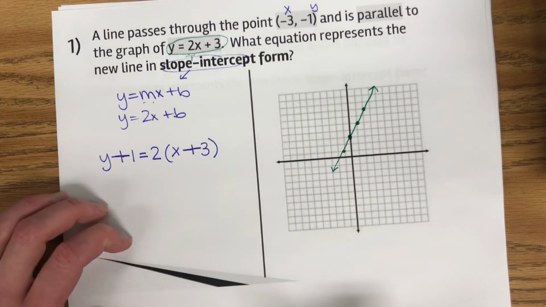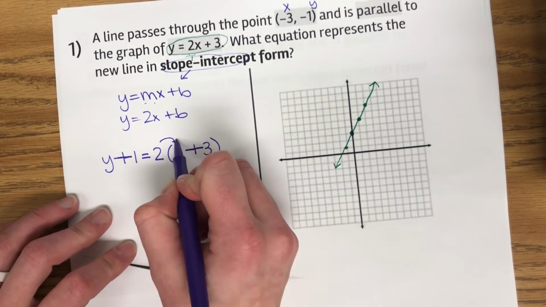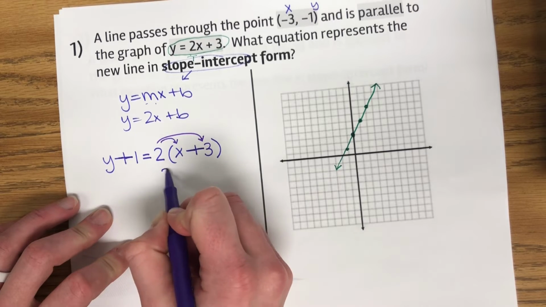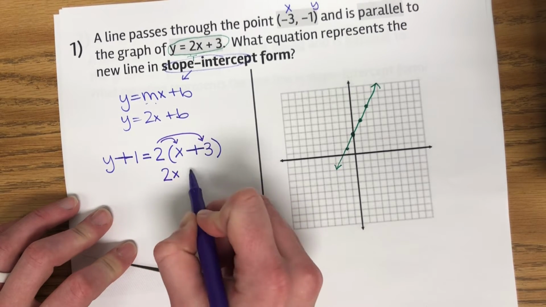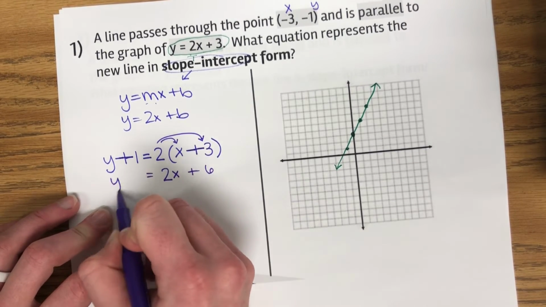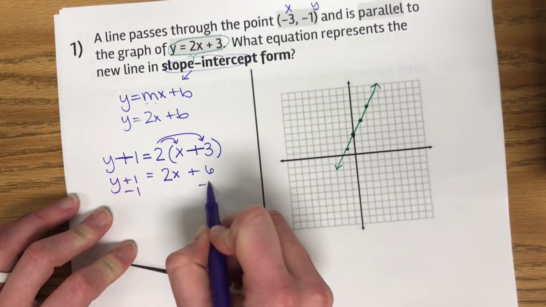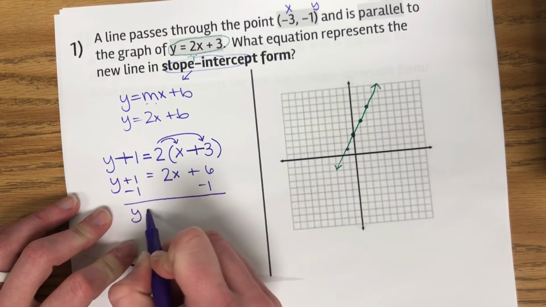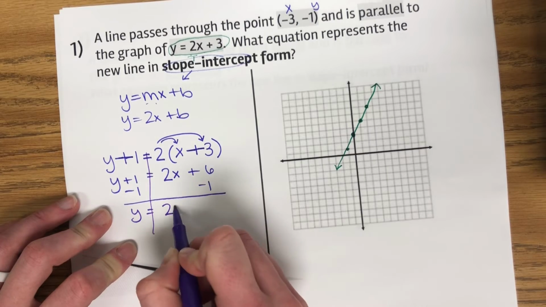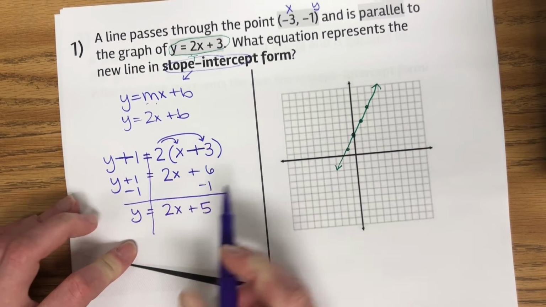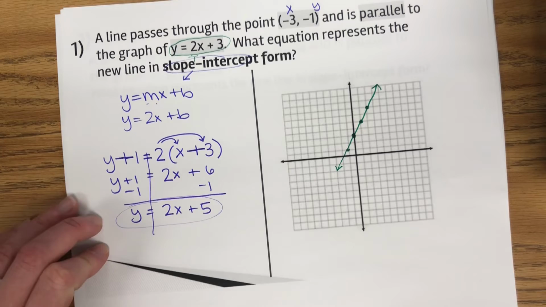So here's my point slope form, and then I can just solve by rewriting this, distributing and combining like terms to get my answer in slope-intercept form.